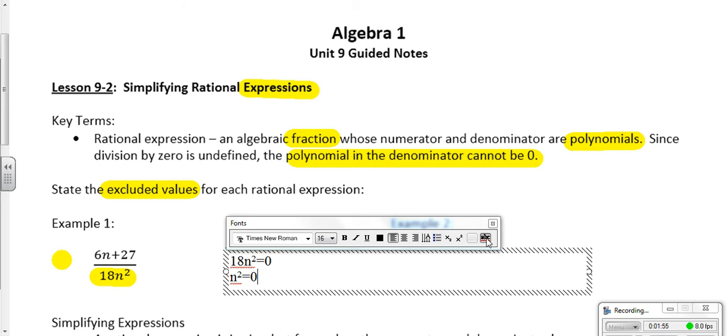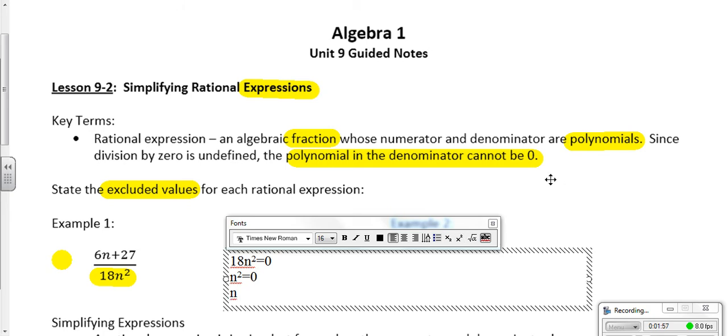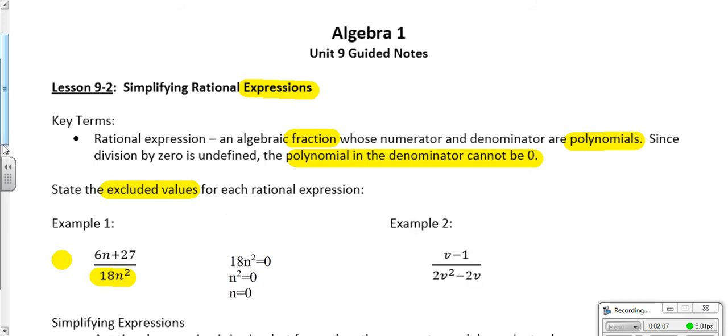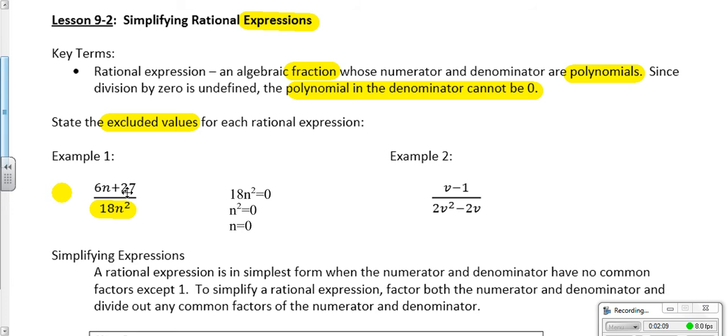If we take the square root of both sides, we will get n equals plus or minus root 0, but we know that that's going to be 0. So in the denominator of this rational expression, n cannot be 0. So 0 is the excluded value. So n cannot equal 0. If n was 0, it would be undefined.